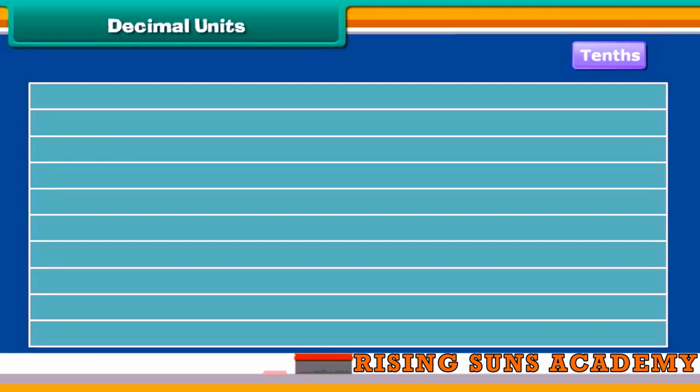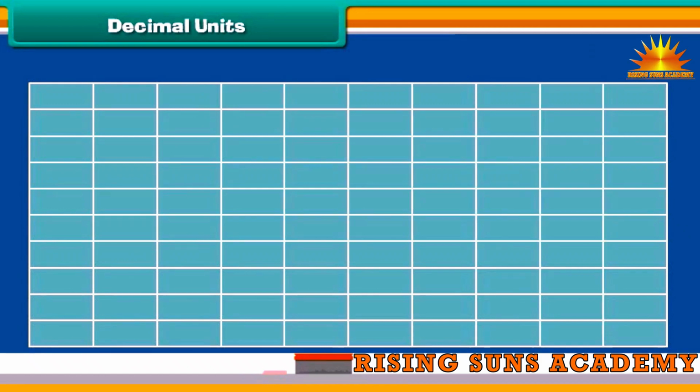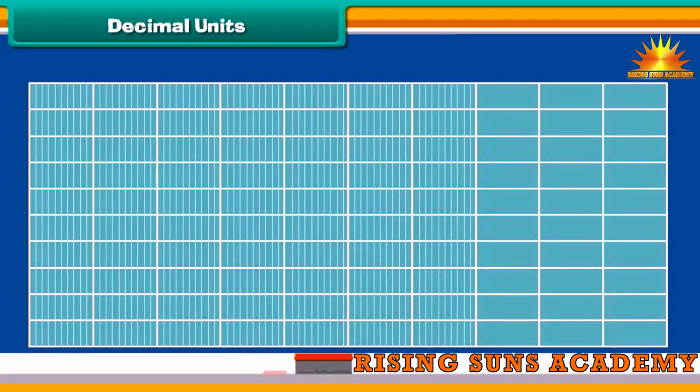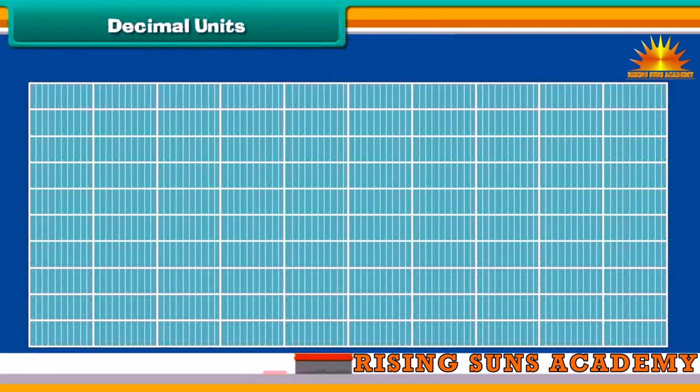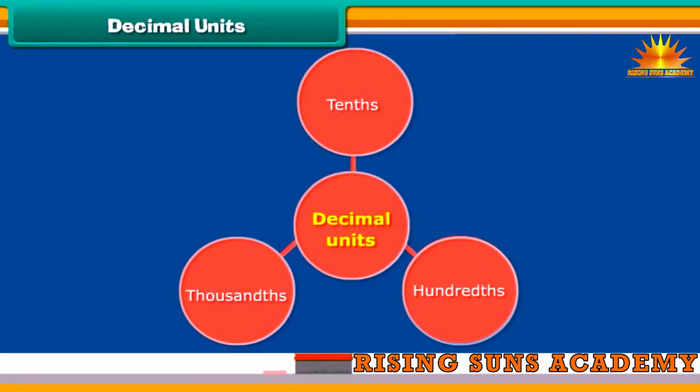Now, if we divide those rectangles into 10 smaller rectangles, then we have 10 times 10 or 100 parts of 1, that is hundredths. Dividing those rectangles into 10 smaller rectangles, we have 10 times hundredths or 1000 parts of 1, that is thousandths. So, the fractions tenths, hundredths, thousandths are called decimal units.